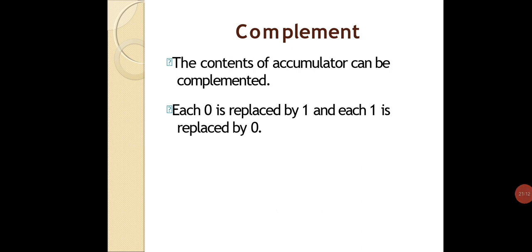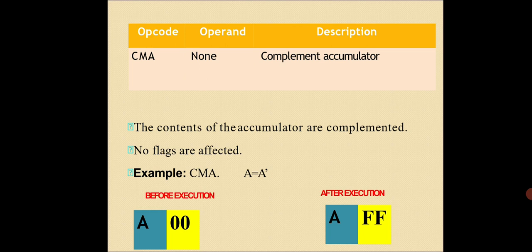The next is the complement. The content of accumulator can be complemented. Each 0 is replaced by 1 and each 1 is replaced by 0. So the first instruction is CMA. CMA stands for complement the accumulator. This is a single byte instruction. When executed, this instruction complements the accumulator contents and the result is stored in the accumulator itself, and no other flags are affected.